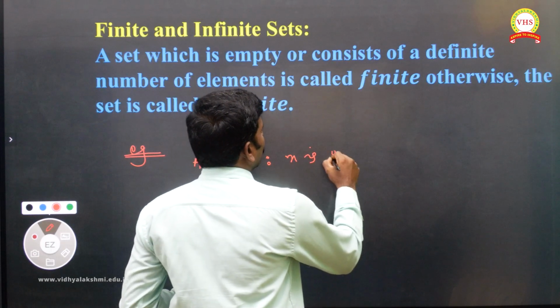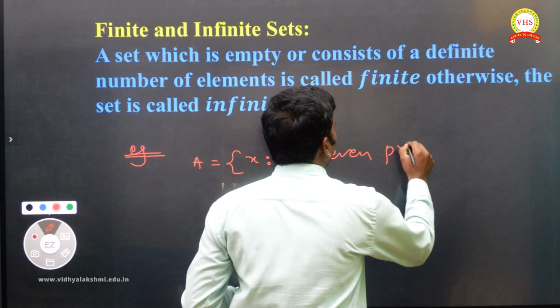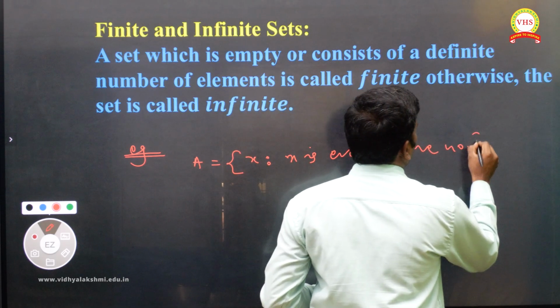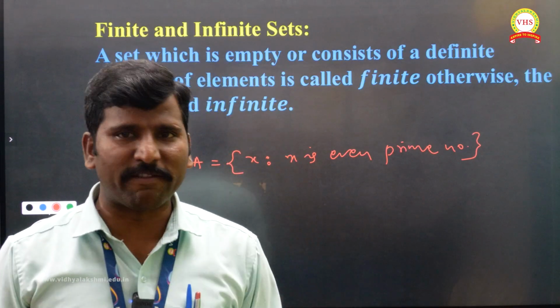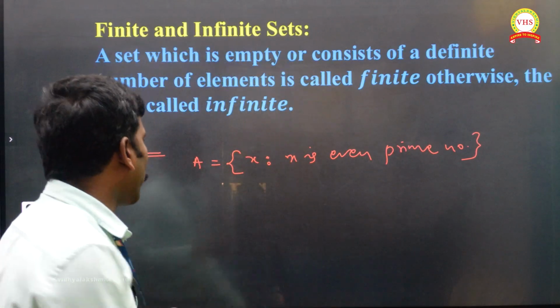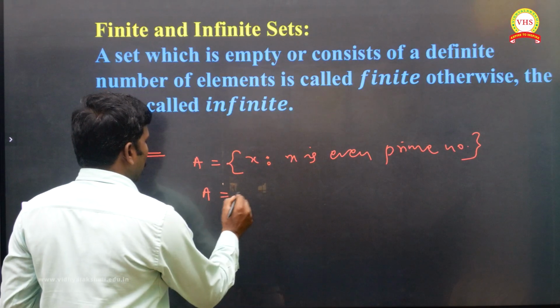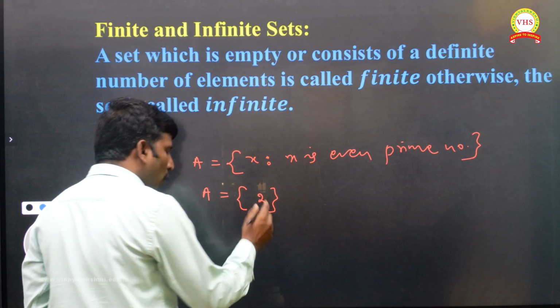X is an even prime number. Even prime number we know there is 2. Number 2 is the only even prime. So A is equal to 2.